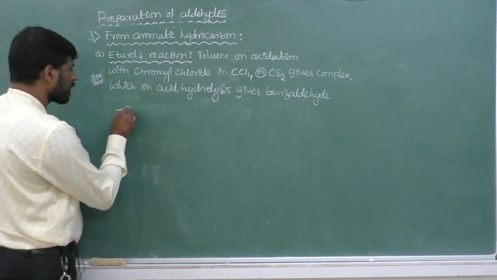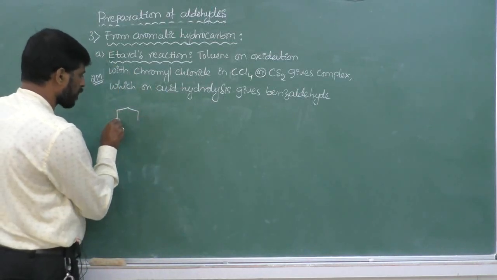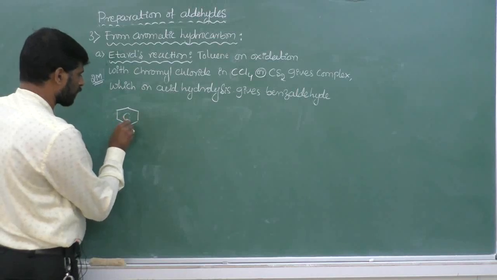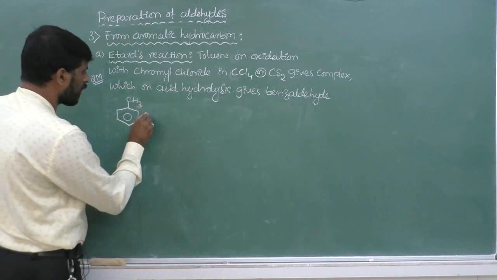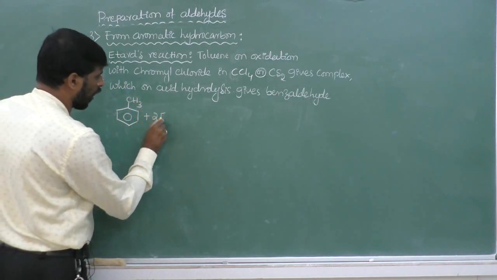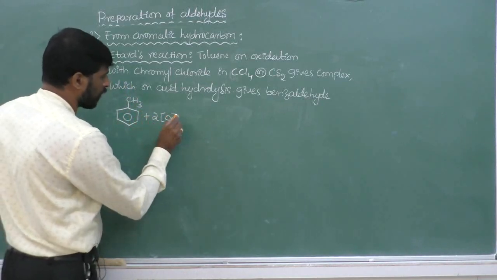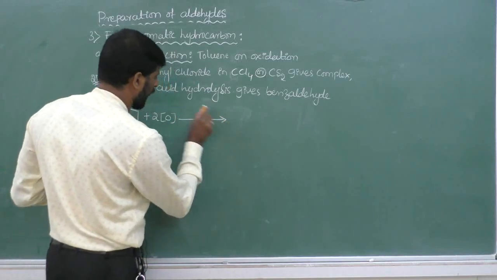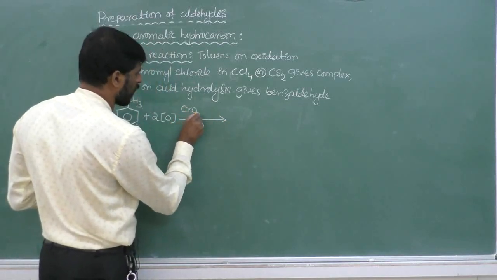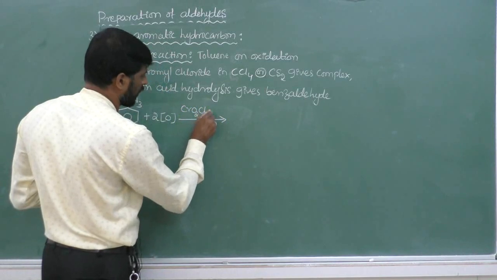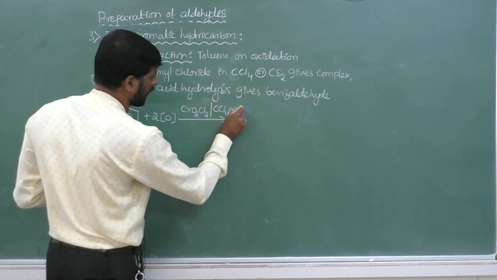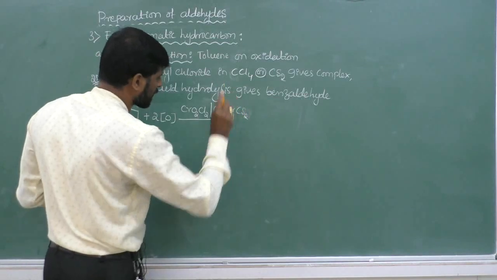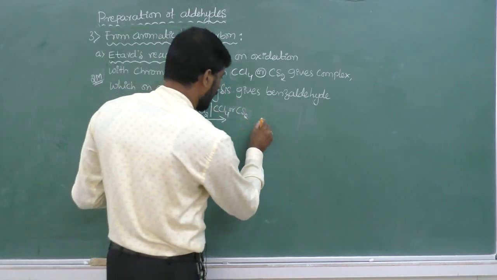See the reaction. Toluene on oxidation with chromyl chloride, CrO2Cl2, in carbon tetrachloride, or we can use carbon disulfide as a solvent, gives a complex.